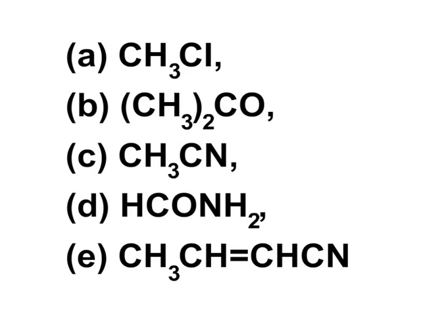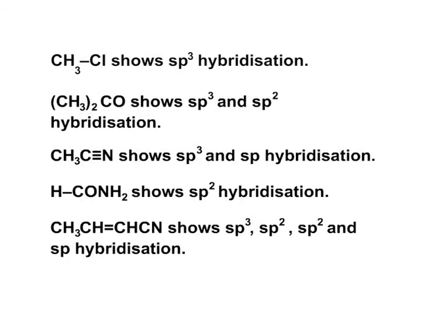Here is a question for you. Students, we are looking at some compounds. Try to answer which type of hybridization is seen in the following compounds. The answer is, the shown compound methyl chloride shows sp3 hybridization. The shown compound acetone shows sp3 and sp2 hybridization.